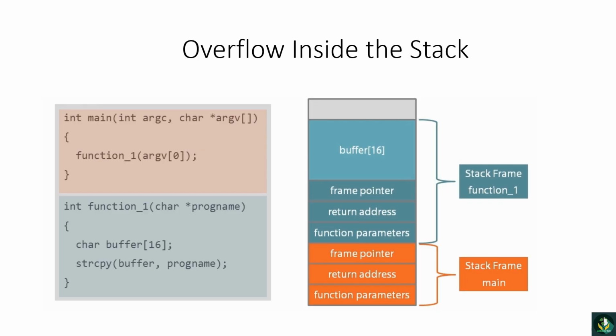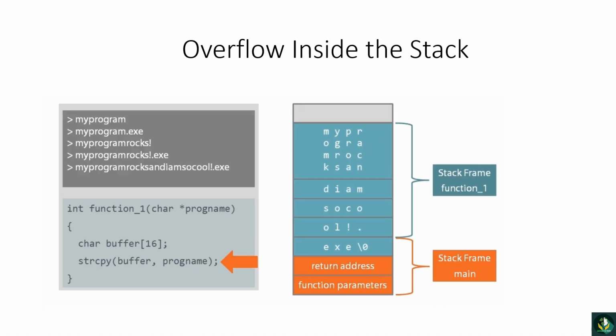Do you see the buffer overflow condition that can result if the name of the program is longer than 15 characters? Let's visualize it. Let's say the name of the program is my program. When we run it, the name of the program is passed to function 1, which uses a string copy function to copy the name into the buffer.